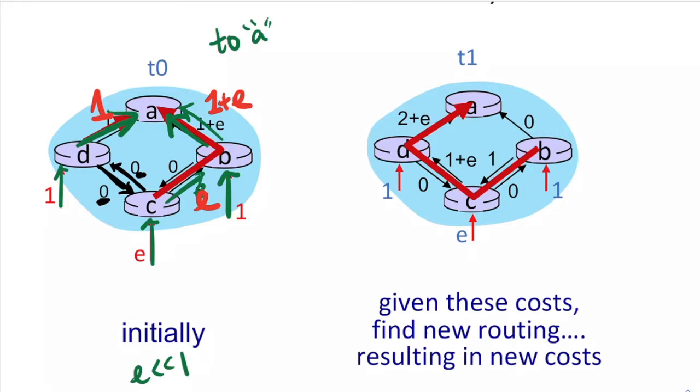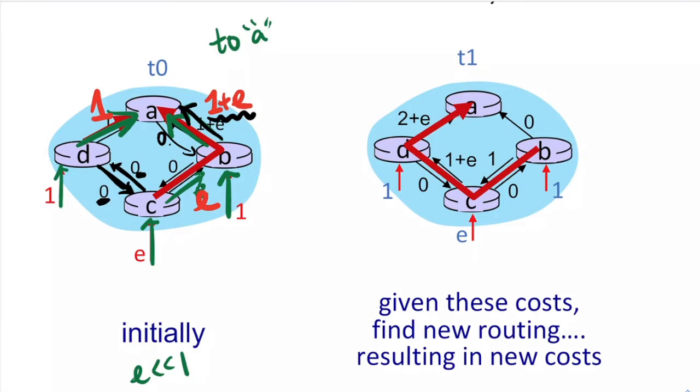So in this direction, the cost is 1 plus epsilon, because currently the traffic from B to A is 1 plus epsilon, but the traffic from A to B, in this direction, is still 0. So the amount of traffic right here is unidirectional.